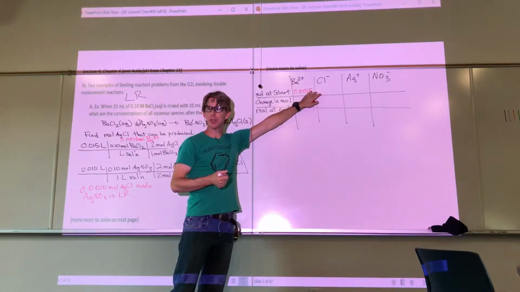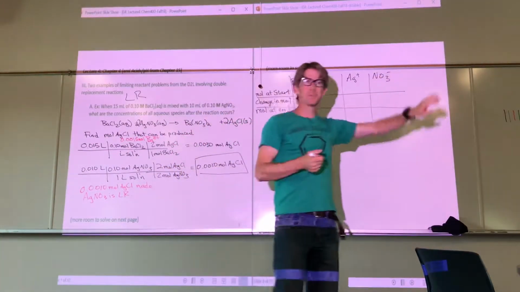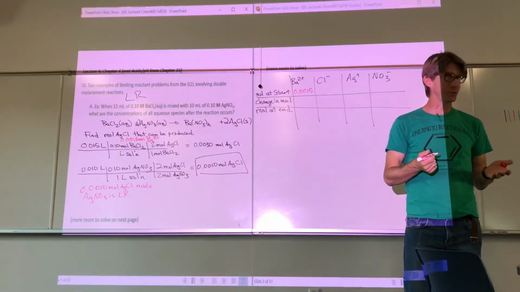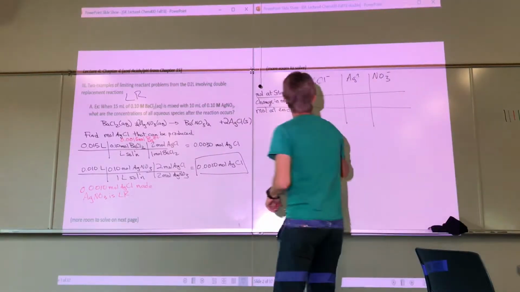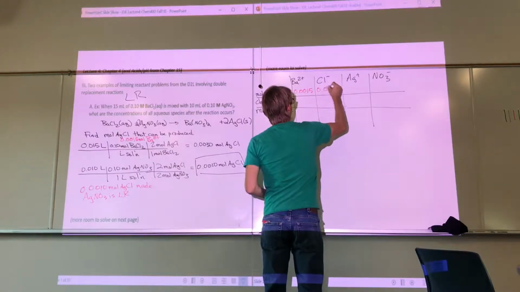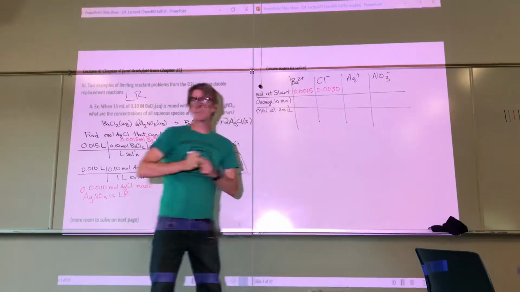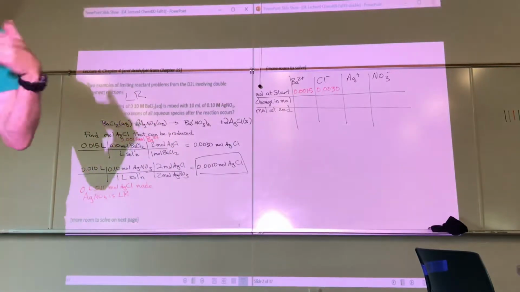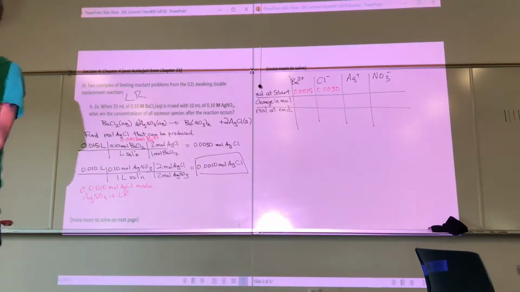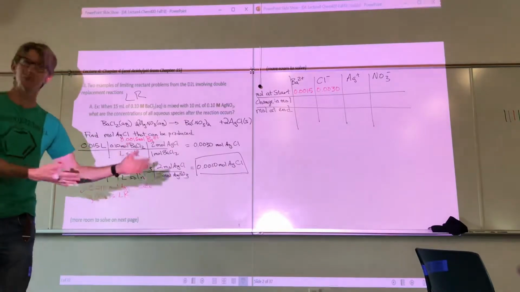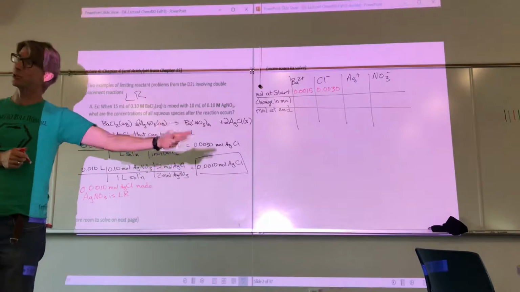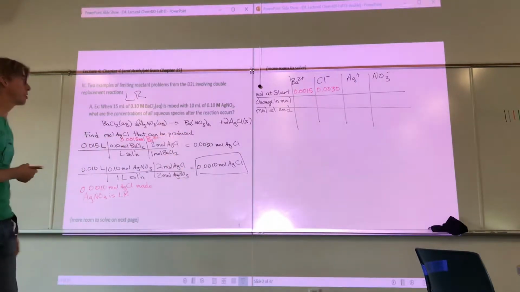Are you comfortable with that? 0.0030 moles of chloride. And again, you've seen all of these parts actually. On homework 3, there was what's the sodium ion concentration in a solution of sodium sulfate, and you had to multiply it by 2 because there are 2 sodiums per sodium sulfate.